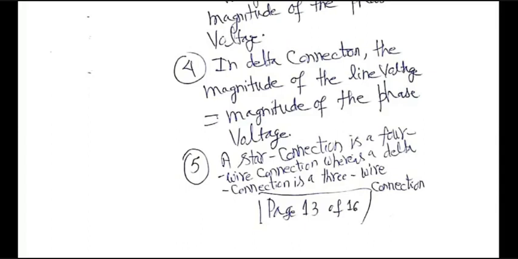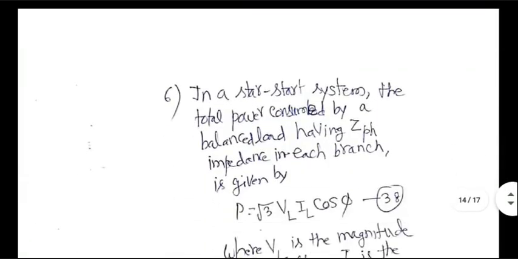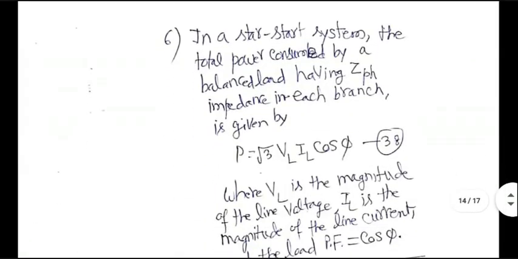A star connection is a 4-wire connection, whereas a delta connection is a 3-wire connection. We know that. In a star-star system, the total power consumed by a balanced load having ZPH, yeah, this we have shown already.